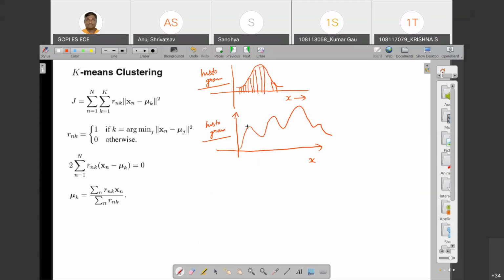We necessarily have to go for a mixture of Gaussians. This is one Gaussian, this is a second Gaussian, this is a third Gaussian. It is a mixture of these.